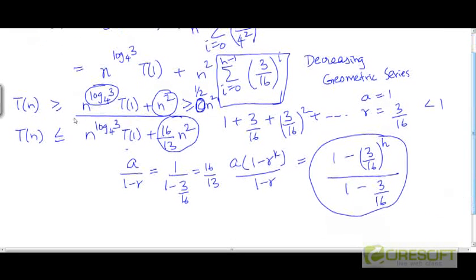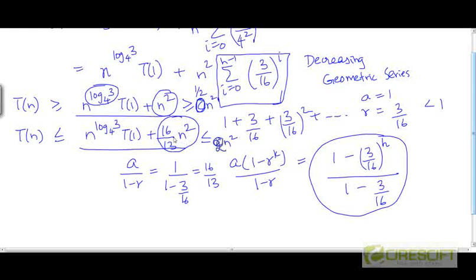That's trivial. Similarly, if T of n is less than or equal to this expression, then it must be less than or equal to some constant times n square, where we choose this constant to be greater than 16 by 13. Let's say we choose this constant to be 2. We can argue that 2n square will be greater than or equal to this expression.